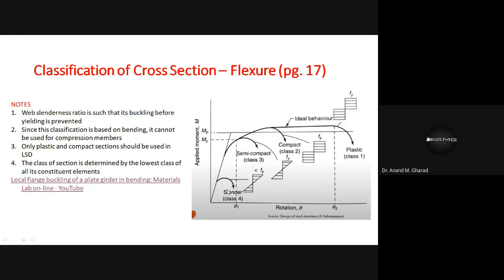Got it? And ये जो slender sections हैं, इसमें क्या होता है कि जो yield stress value है, ये अचीव ही नहीं होती है. Why? Because of the presence of the local buckling phenomena. And it is not necessary that only after providing heavy loads you will come across the local buckling phenomena.